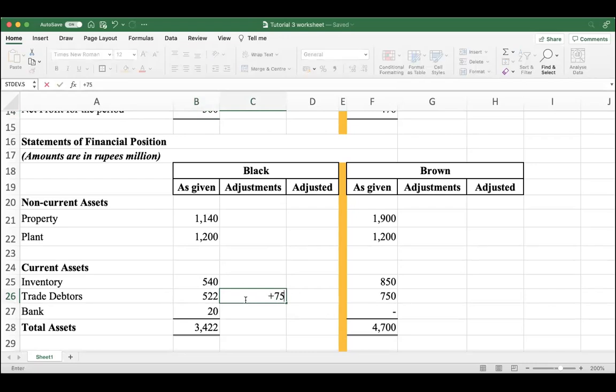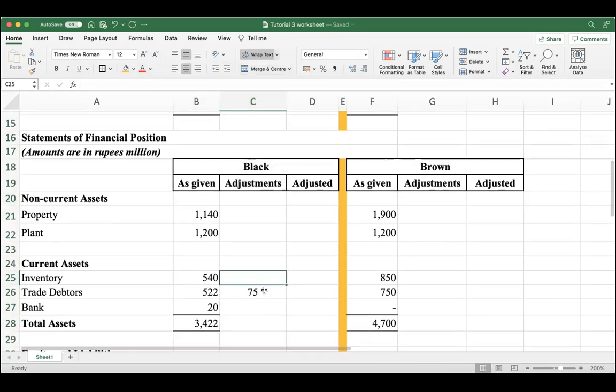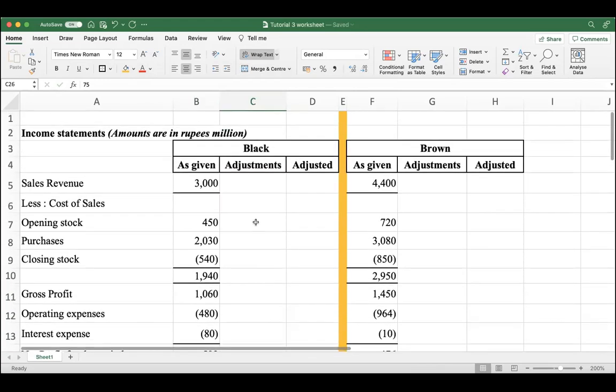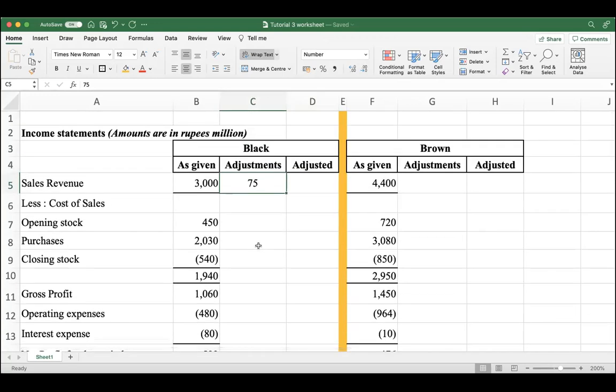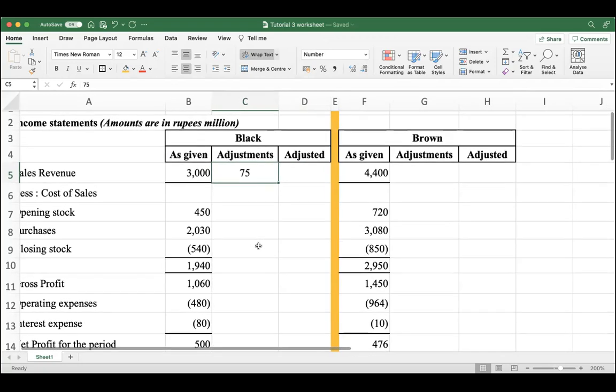Then sales increased by 75. So that's our first adjustment, because debtors have been understated.